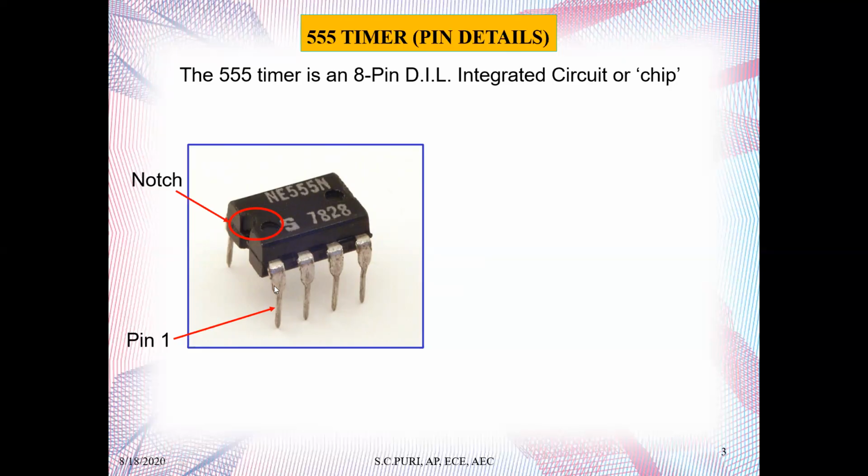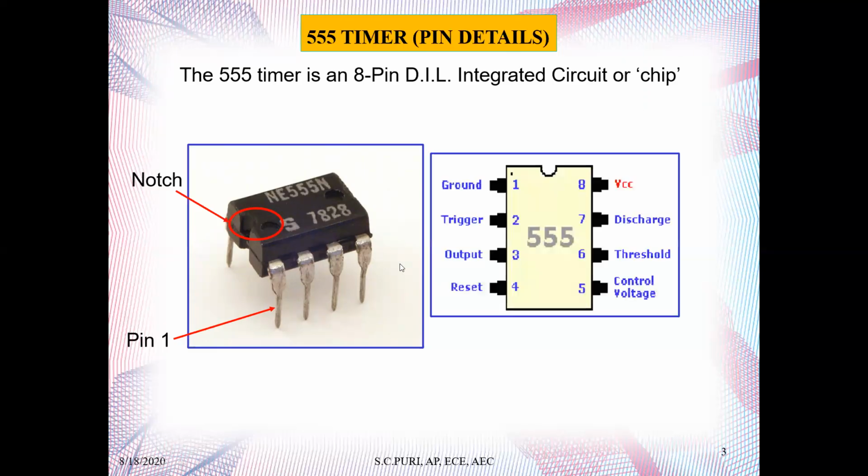You should start from here, because the letters are downward in this direction. This is pin 1, 2, 3, 4, and reverse. So this is the notch and this is pin 1. You should keep that in mind.